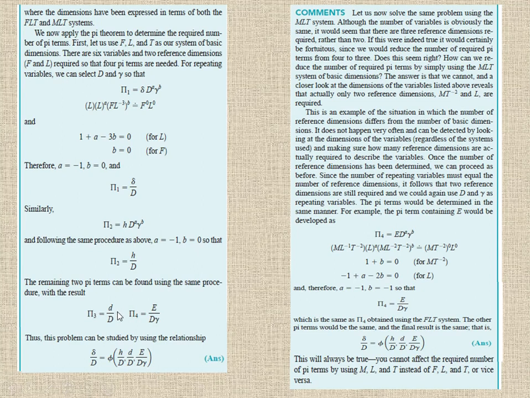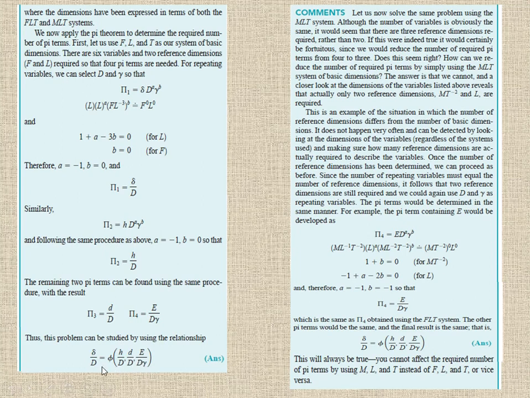Pi 3 is equal to small d over capital D, and pi 4 is equal to the modulus of elasticity, the diameter and the specific weight combined. So these are the 4 pi terms we got. Since there is a dependent variable, pi 1 is a function of pi 2, pi 3 and pi 4.